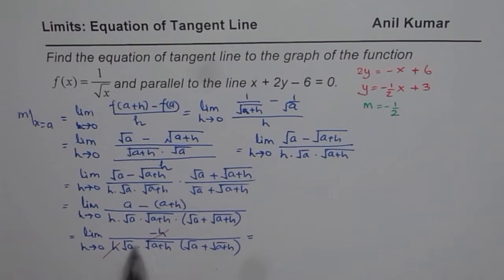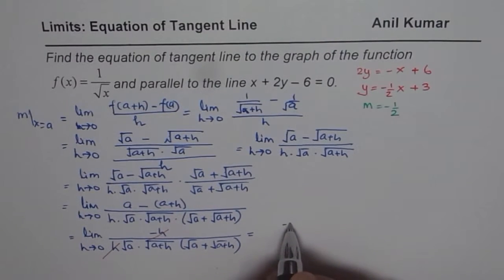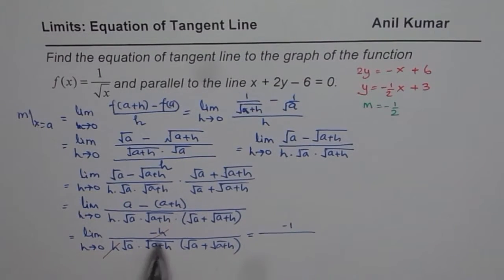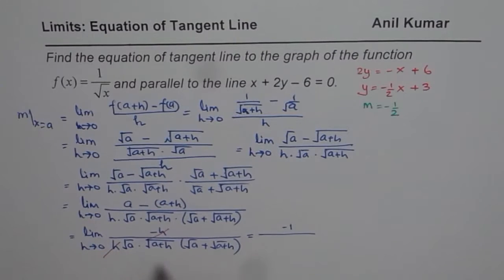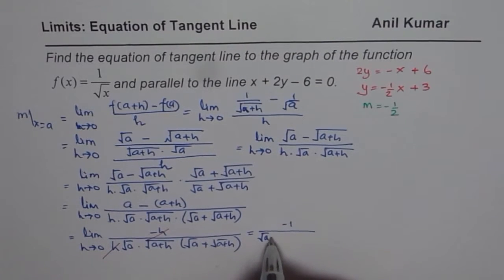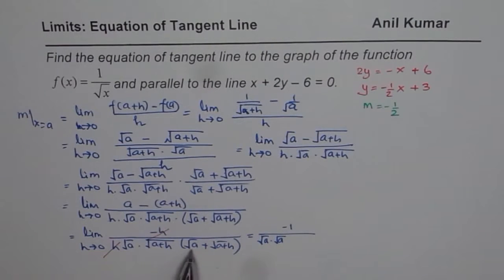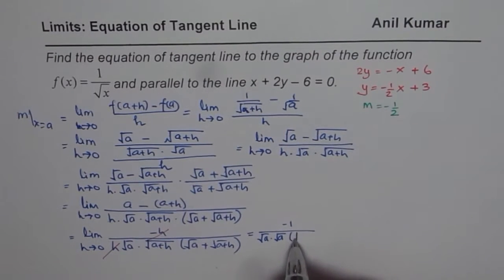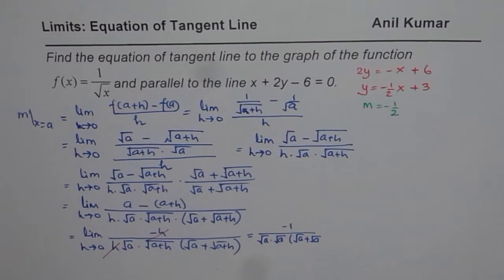So in that case, once I cancel this, I get minus 1 in the numerator. So I get square root a times square root a, right? h is 0, and then here I get within brackets square root a plus square root a. Perfect. Now that gives you the slope, right?